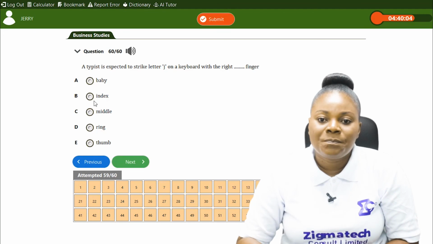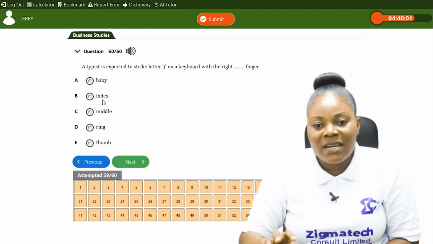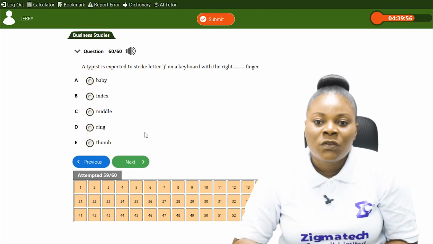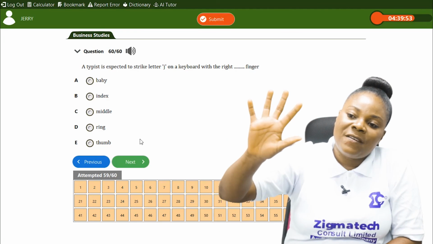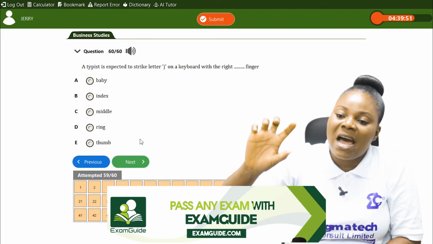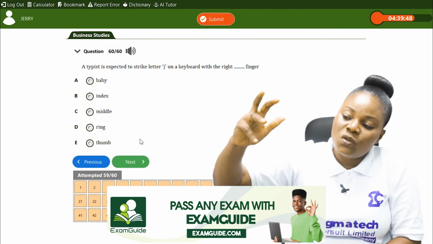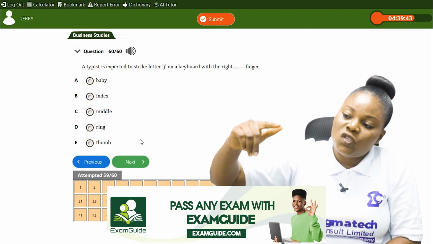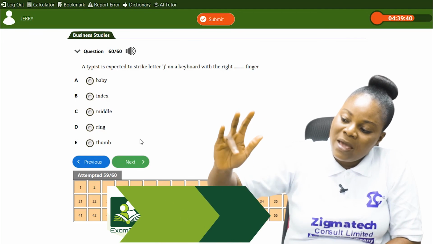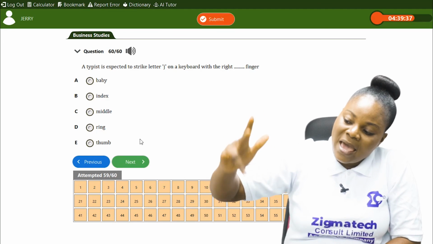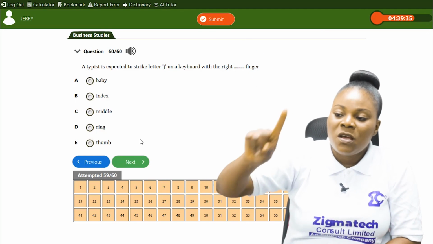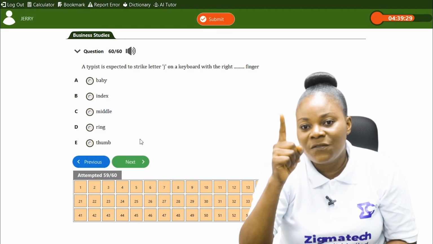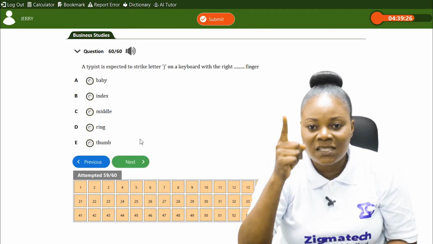Is it your baby finger, or your index finger, or middle finger, or ring finger, or your thumb? So looking at the fingers you have, this key is used for colon, this is used for L, this is used for K, then this is used for J. We have it as colon, L, K, J. This is the finger used to strike your letter J, and it is called the index finger.